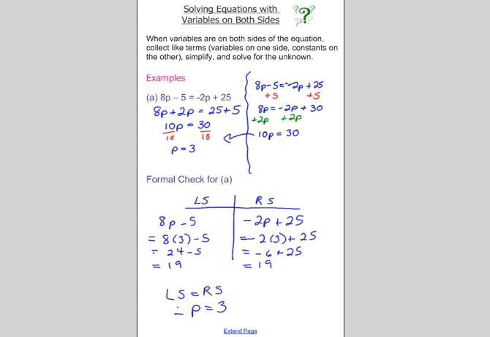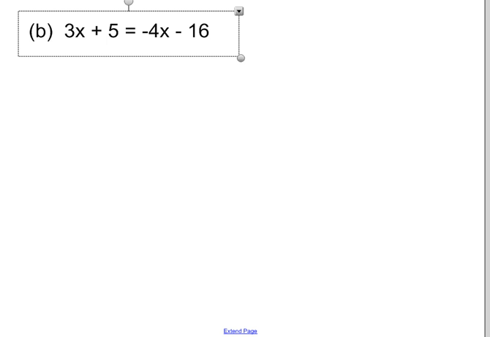Let's look at one more example with solving equations with variables on both sides. This one is slightly different than the one that you're going to find in your notes. So again, if we go through this process, we want the adding 5, we don't want that on the left, and we don't want the subtract 4x on the right. So remember, to get rid of them, we do the opposite operation.